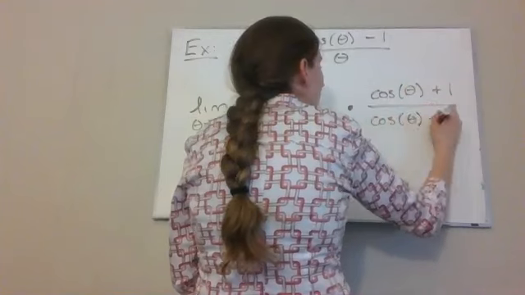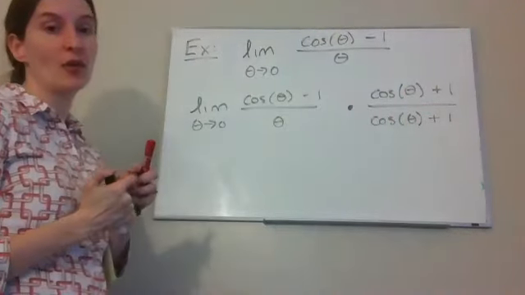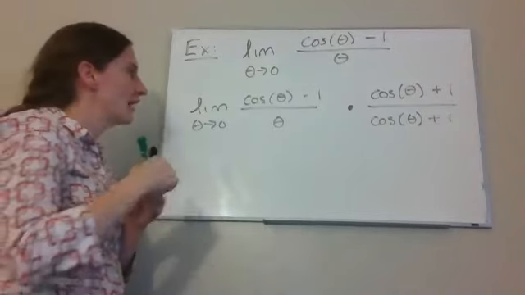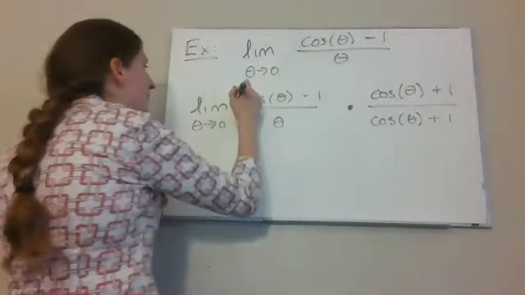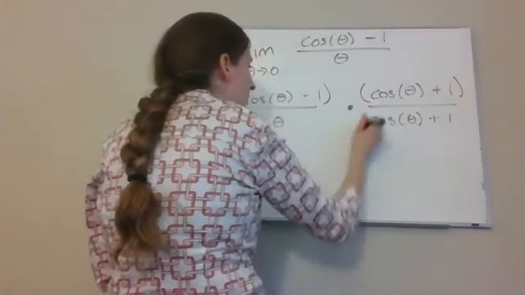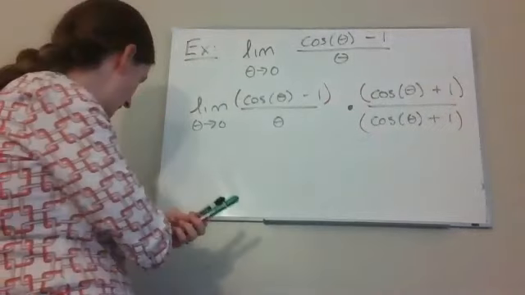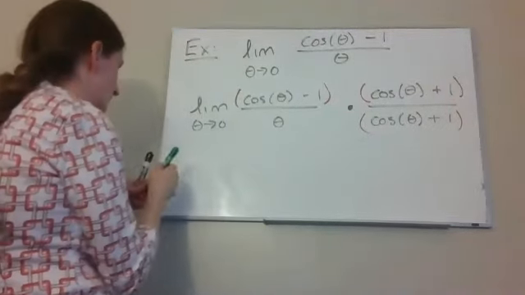So remember, since I'm multiplying by 1, I'm not actually changing my problem in any way. And like that previous problem where we multiplied by a conjugate, we will distribute everything on the top, but we'll leave the denominator not distributed. Let's just see what happens.